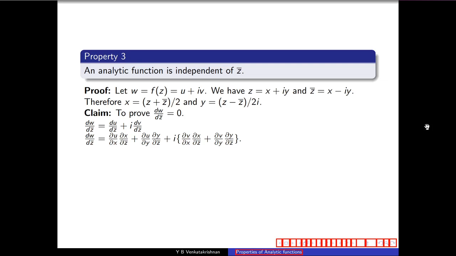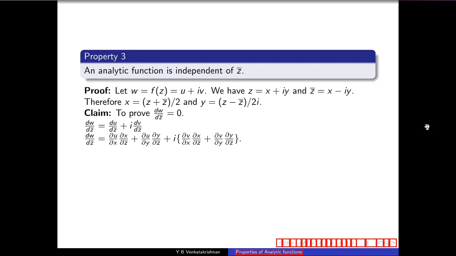I have assumed W as U plus iV. So dW by dZ bar will be dU by dZ bar plus i into dV by dZ bar. W is a function of U and V. U and V in turn are functions of X and Y. X and Y are in turn functions of Z and Z bar.